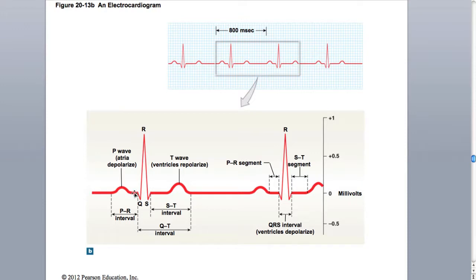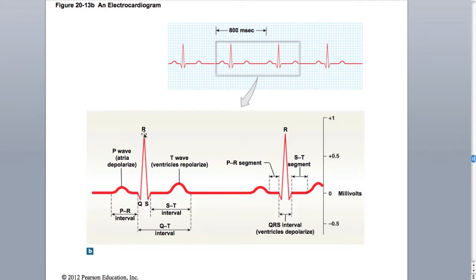Resting. So you could translate this picture as what? Atrial depolarization is related to atrial contraction. If that is the atria contraction, then this must be ventricle relaxation, this flat line.